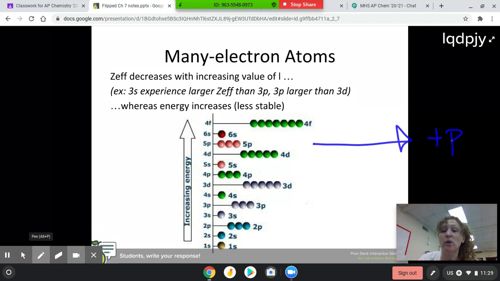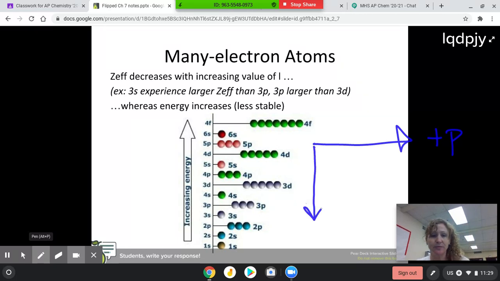But as we go down the periodic table, Z effective should stay very constant for a family. Now, it does change slightly. I mean, Z effective is a simplified model, so these aren't the only factors in play here, but it gives you a pretty good indication of what force the electron is feeling, which is fairly consistent for a family.